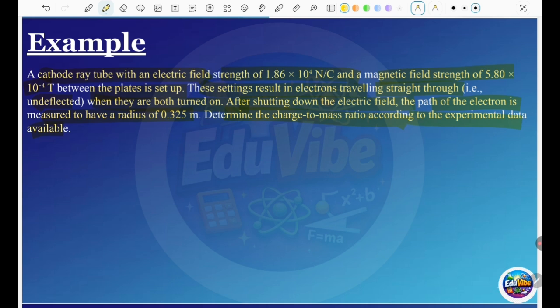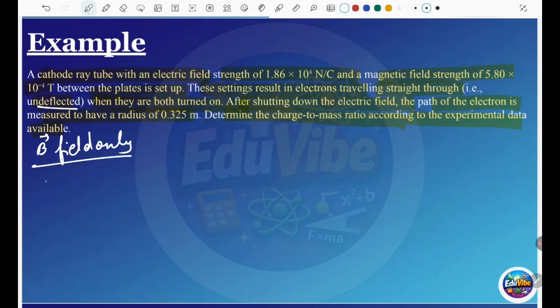So this is all the experiment Thomson did. They said there is an undeflected beam, which means the net force is equal to 0. Firstly, consider only the magnetic field. For the magnetic field, the centripetal force is equal to the magnetic force.